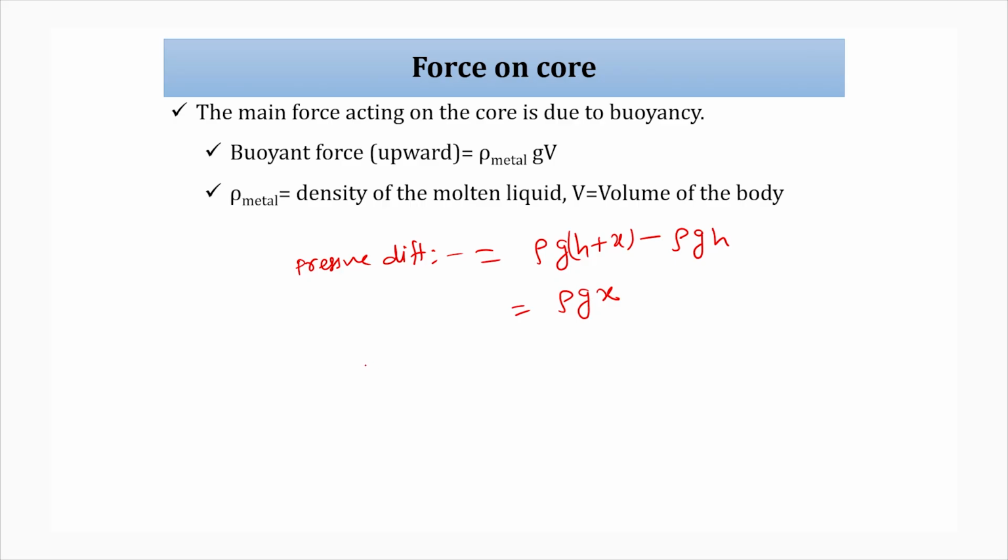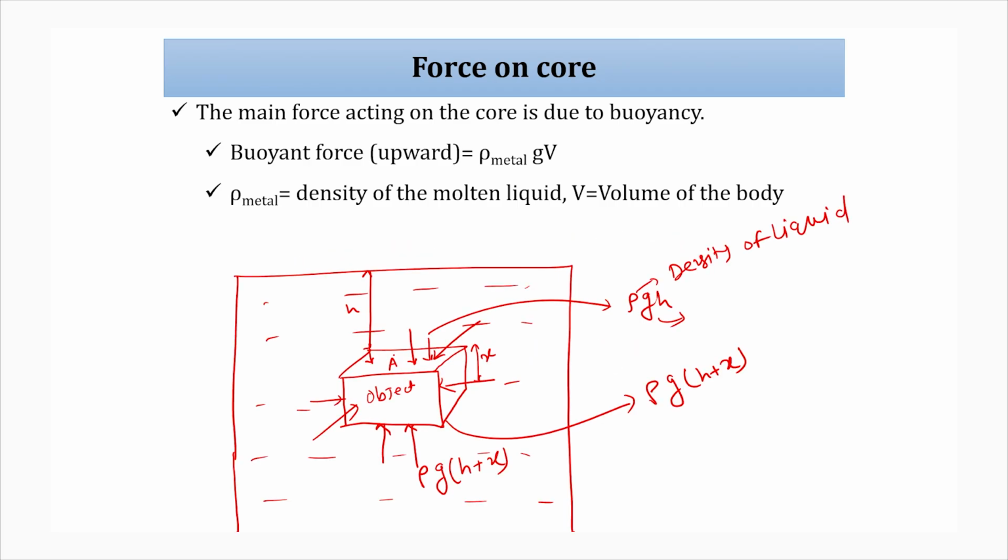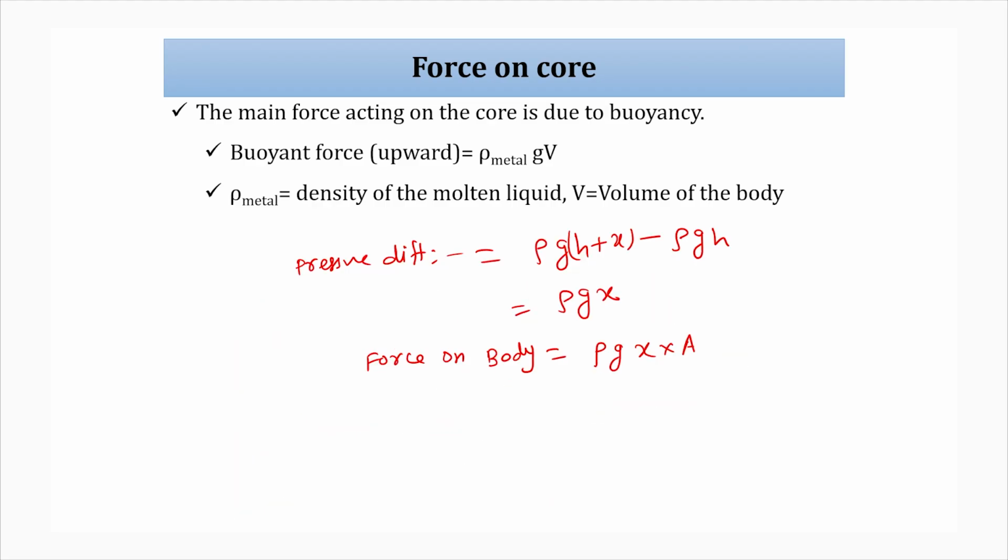Now, area and force. The force on the body will be the pressure difference, rho g x, into the acting area. Which area is it acting on? On this cross-section area, A, taken from the top view.